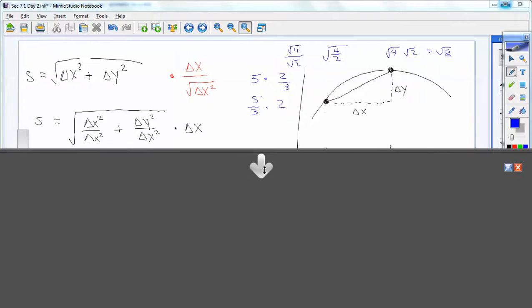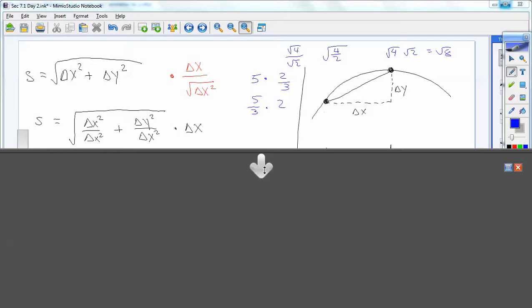So that would make this look like this now. I'm going to bring this over here. I've got a square root over a square root, which can be in one square root. And if all of this is under a square root, I can split it apart into those two things. Make sense? Okay, so just some algebra trickery here.